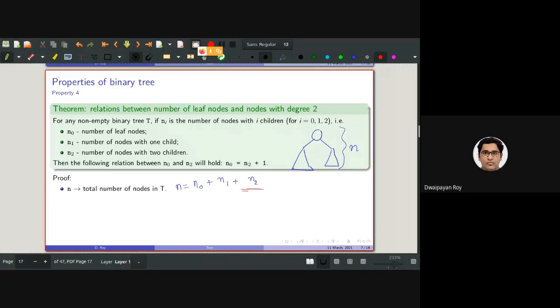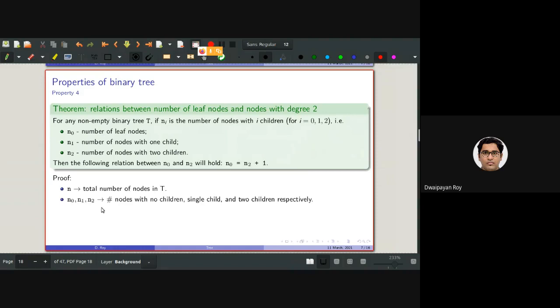Is it correct for this one? I am specifying here the total number of nodes in the binary tree. Oh yeah, absolutely, it is true.